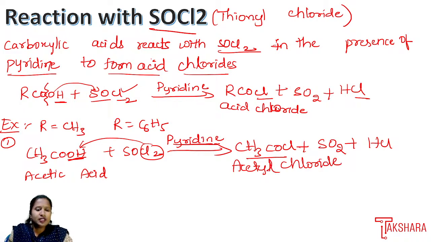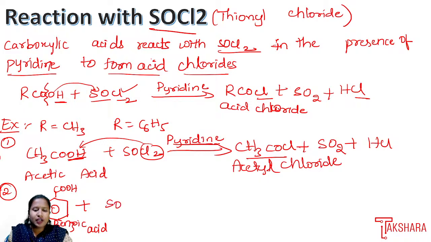So now let us take a second reaction. The same, in place of R substitute the benzene ring C6H5, then COOH. So benzoic acid as a reactant molecule, when we treat that with thionyl chloride SOCl2 in the presence of pyridine, again the cleavage takes place between CO and OH.